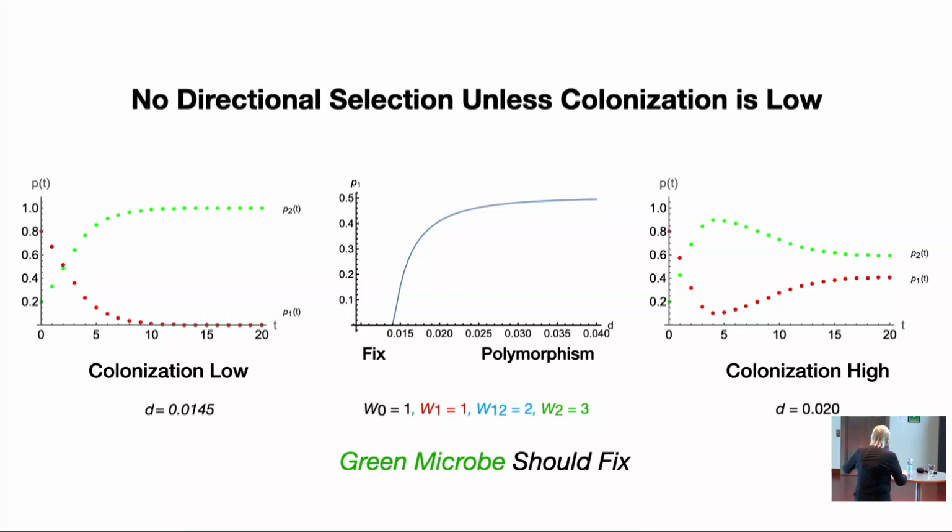Now that ordering of fitnesses, if that were on nuclear genes, you know right away that it would fix on the green one. But whether it does or not depends on the parameter D. If the colonization is low, then it does fix. But if the colonization is high, you wind up getting this polymorphism out of it.